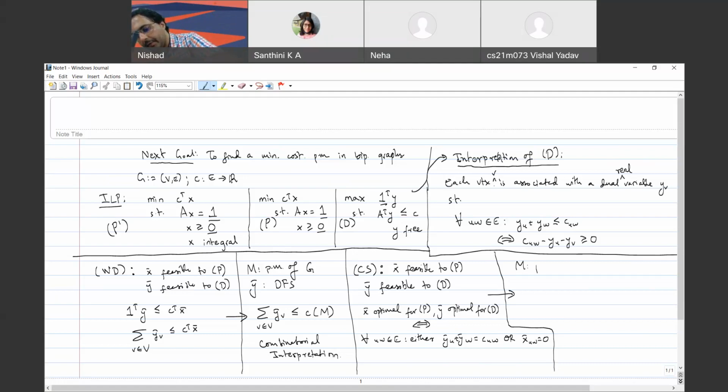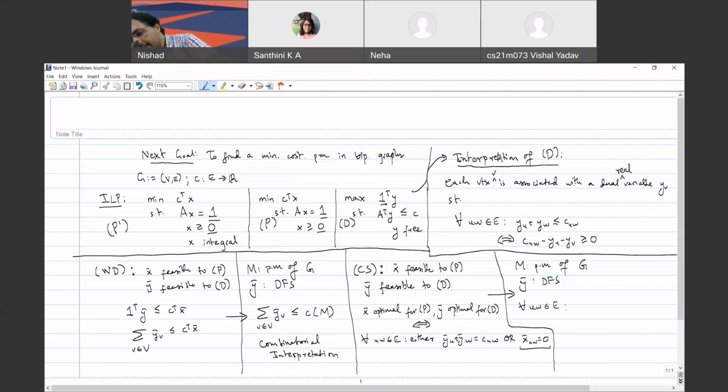If M is my perfect matching of the graph G, and y bar is a dual feasible solution, then for each edge of the graph, if the edge is in the perfect matching, then I need the corresponding dual variables to add up to exactly the cost of the edge.